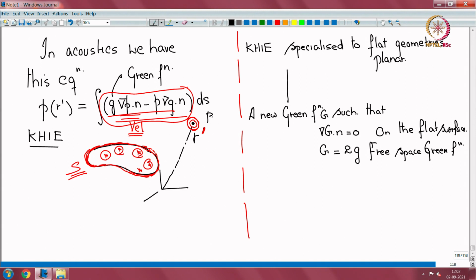Okay. So now if I rewrite my KH integral for this flat geometry, it becomes equal to integral twice G del P dot n ds, where G now is the free space Green function, and what is del P dot n equal to?